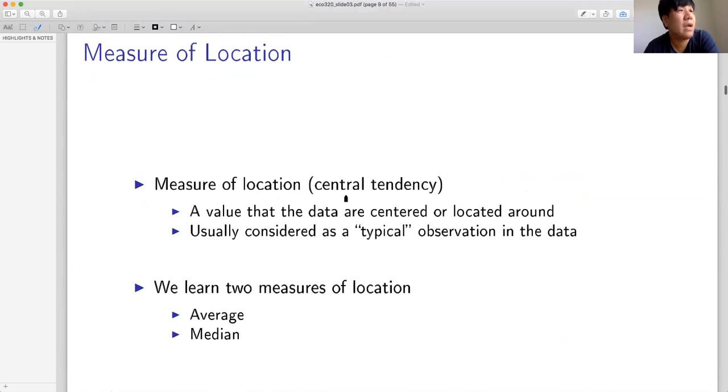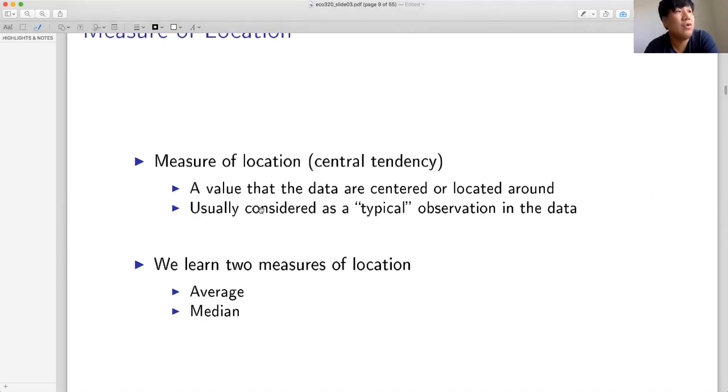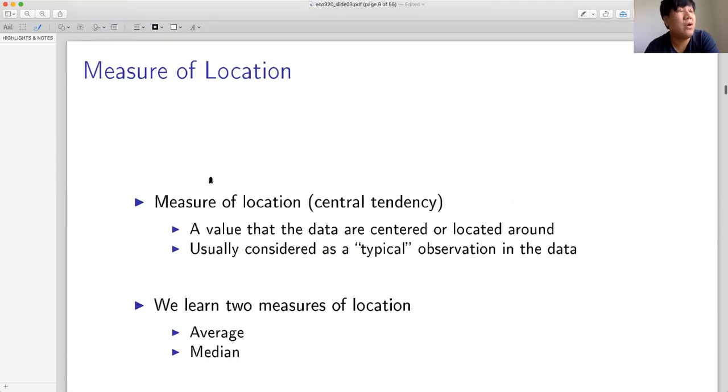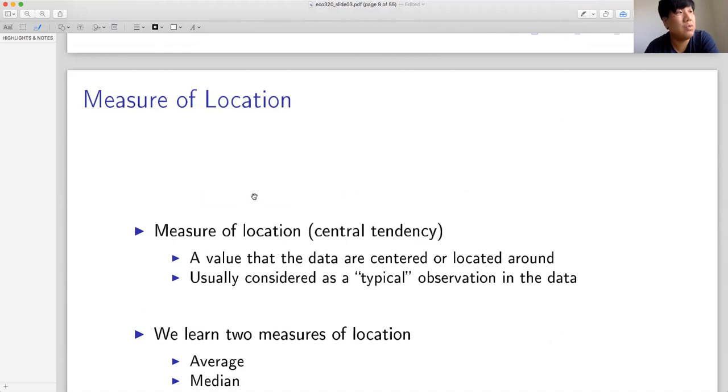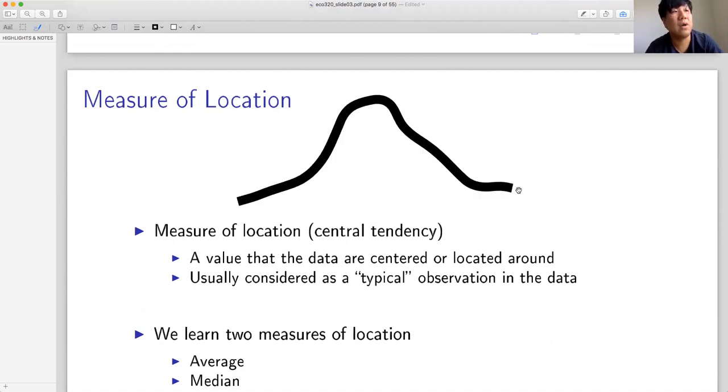So a measure of location is a value that the data are centered or located around. So usually it's considered a typical observation. So later, based on some kinds of data sets, you're gonna learn how to analyze histogram tables or some distribution.